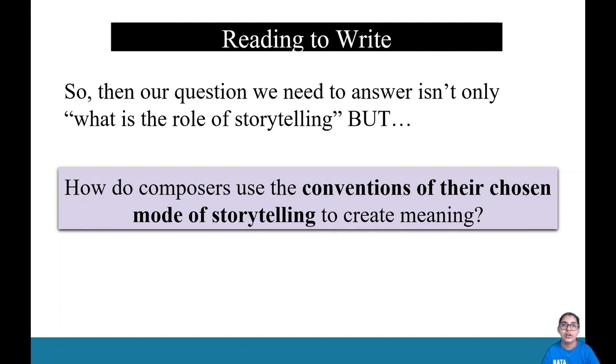A long shot of something to show that bigger picture and to really capture the person. Or a high camera angle or a low camera angle. So a low camera angle to make the person seem really powerful, really intimidating. A high camera angle to achieve the opposite effect. So those are conventions of the mode of storytelling.